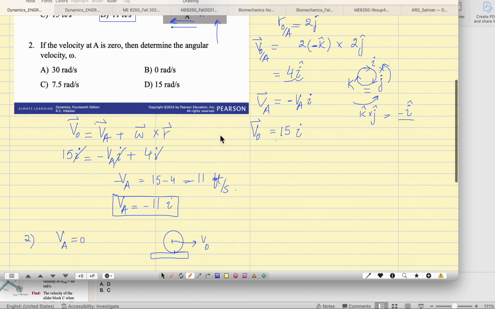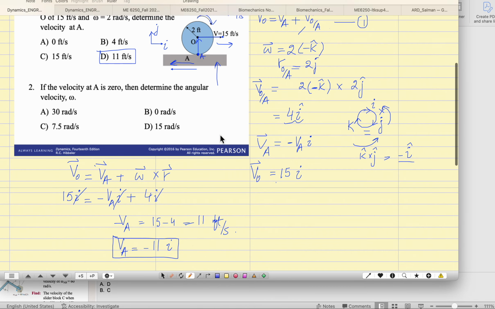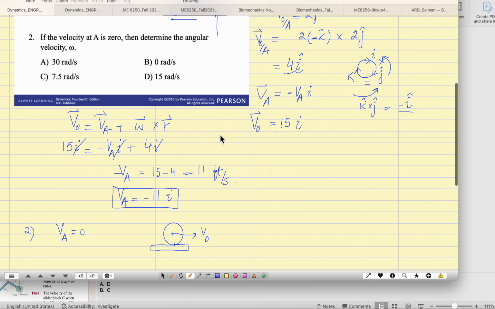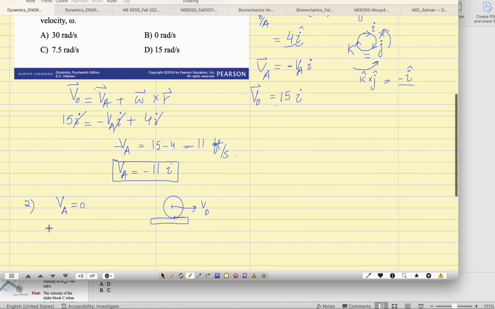Now the next question is asking, if that is the case, what is the omega of this spinning wheel? I will use the same formula: VO vector equals VA vector plus omega cross R, which is 2J.